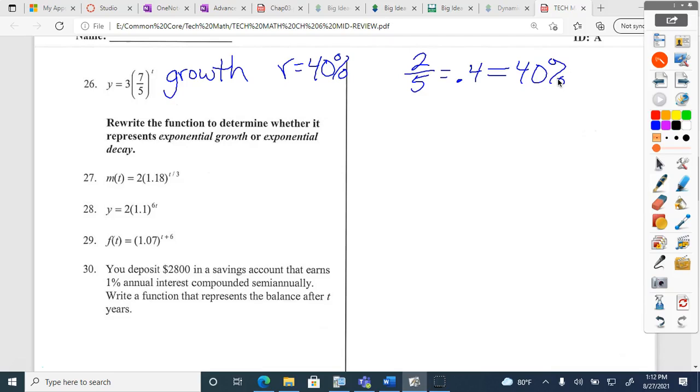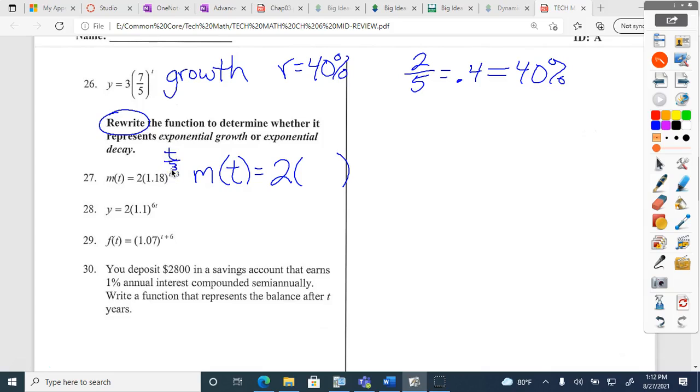27, 28, 29. We just have to rewrite the function to determine whether it represents exponential growth or exponential decay. So here, I'm going to change m of t equals 2 times, this is the part that's changing, t over 3.